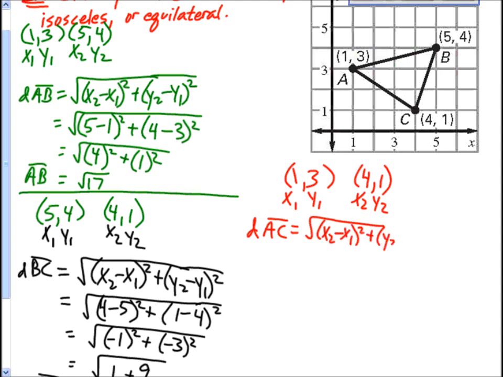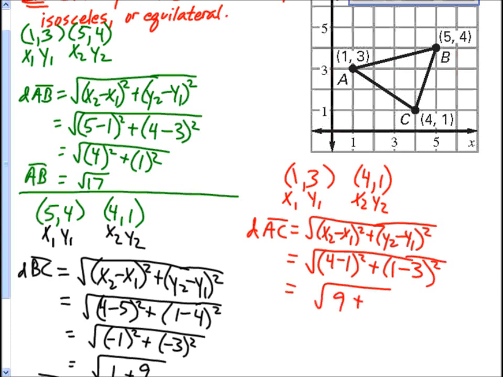Write your formula. Plug it in. Our y2, here's 1. Minus our y1 is 3. 3 squared, 9. Looks like we get 13. So line segment AC is square root of 13.